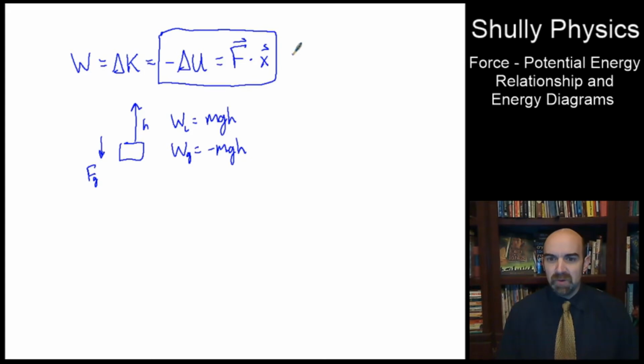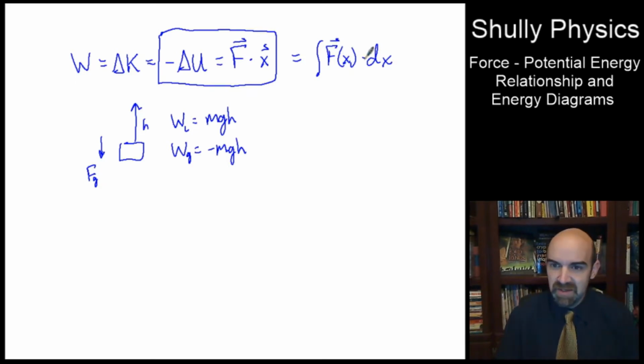Now, if that force is not a constant force like gravity, like weight, something like a spring force, then you of course need to use this version of the rule, the integral of F of x dx. That's a dot product there. All right.